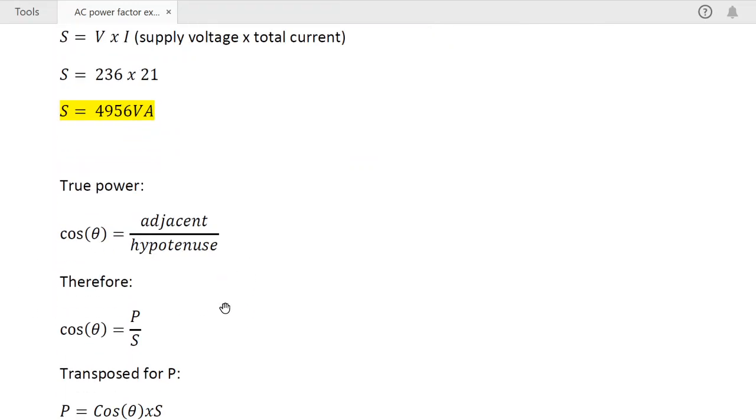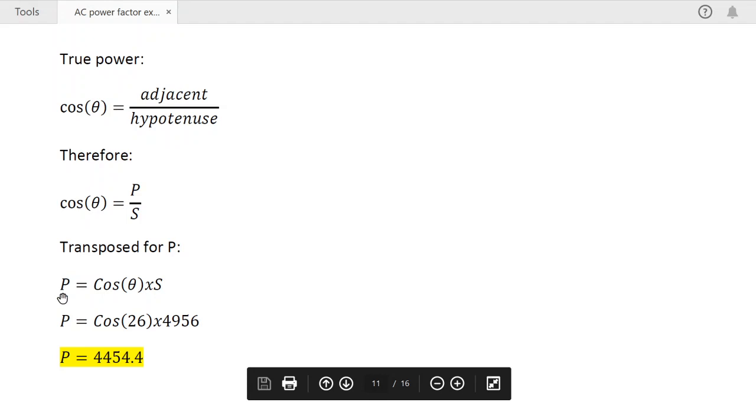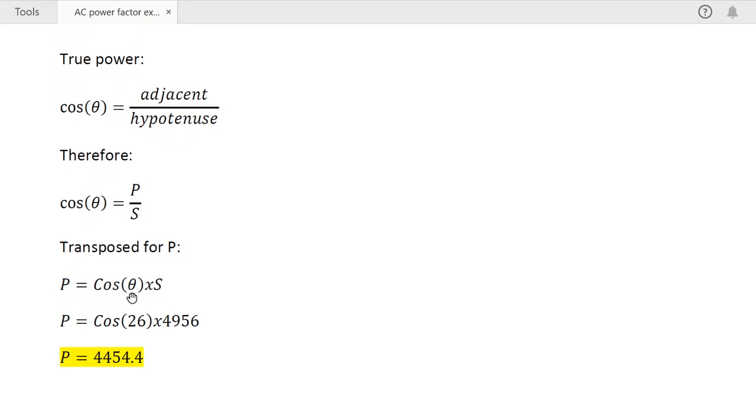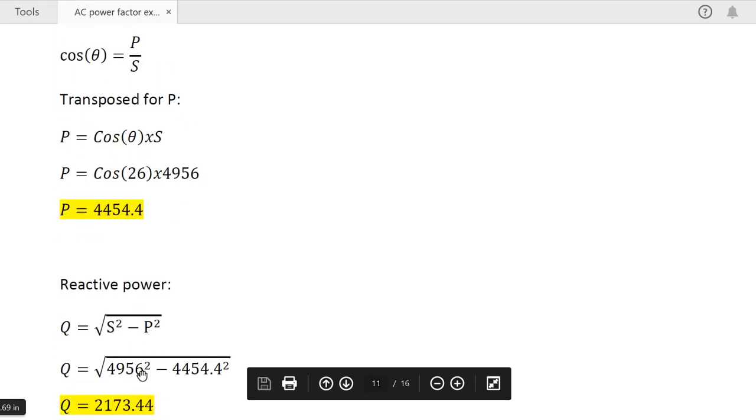Cos of the angle equals adjacent over hypotenuse, therefore cos of the angle equals true power over apparent power. We transpose it for P, so P equals cos of the angle times S. So cos 26, we're given the angle of 26 degrees, times 4,956, we worked out the apparent power, gives us a true power of 4,454.4 watts.